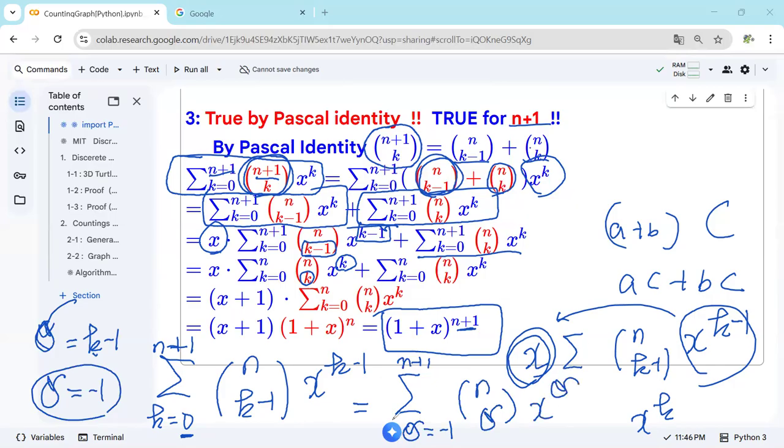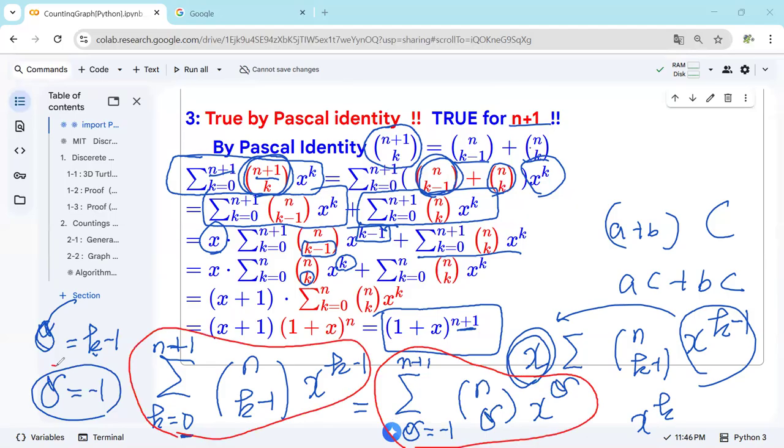So look at this. We can use this, this is equal to this one. We just replace variable k by apple, k minus 1 by apple. So this is the same.